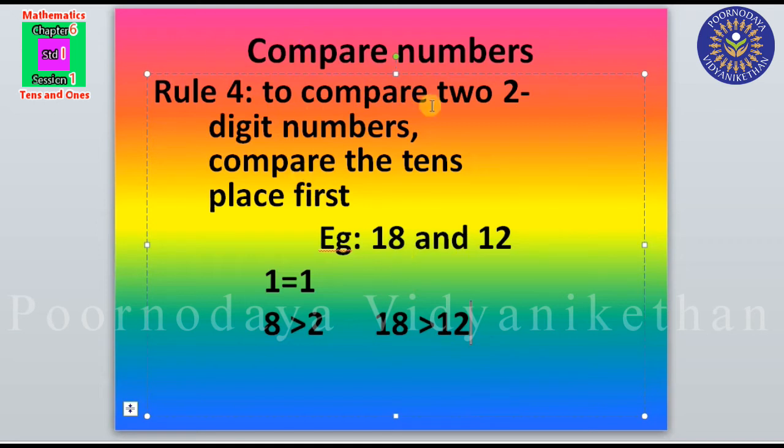For comparing two-digit numbers, compare the tens place first. The tens place there is 1 and 1. 1 is equal to 1. Now we have to check the ones place. The ones place there is 8 and 2. We know 8 is greater than 2. So we can say 18 is greater than 12. Clear? Then next.